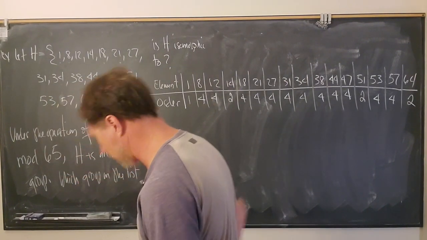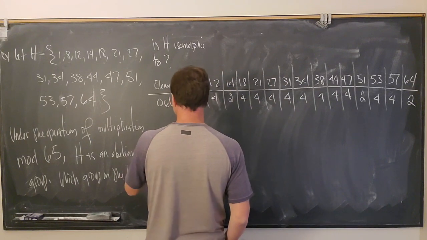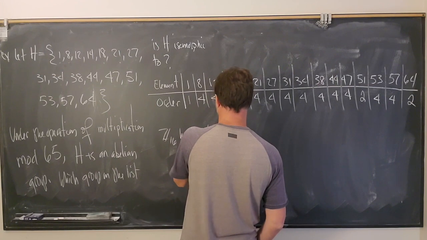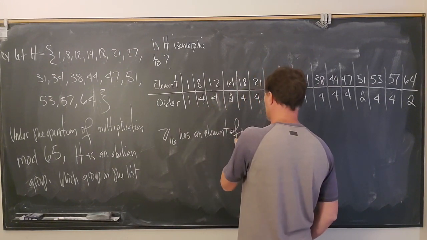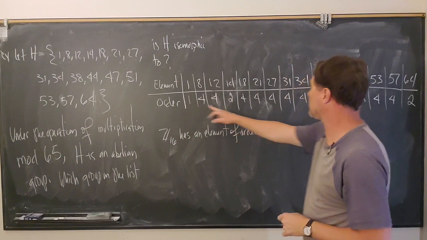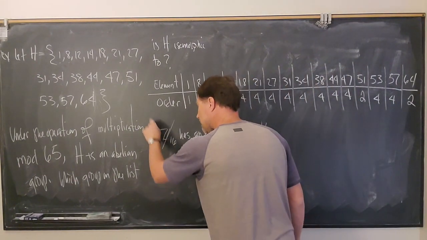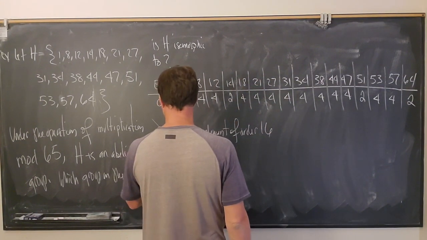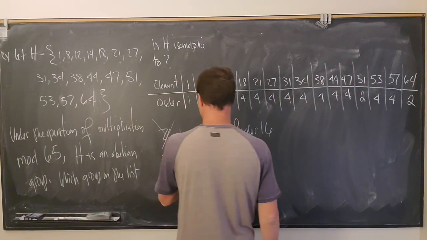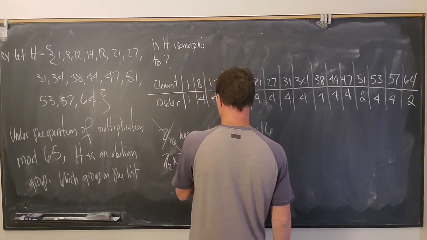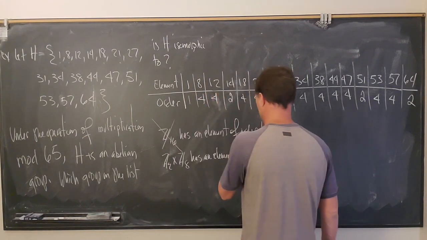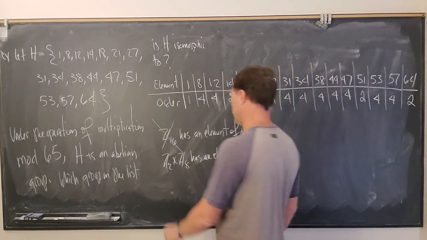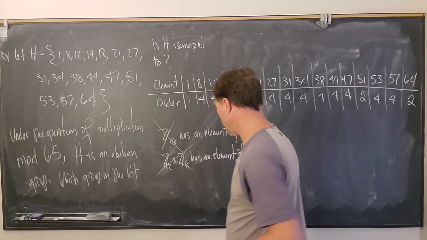So let's see what we can do now. Z16 has an element of order 16. Since I don't see a 16 on this list, we can cross that one off the list. Z2 cross Z8 has an element of order 8. We don't see an 8 on this list, so we can cross that one off.